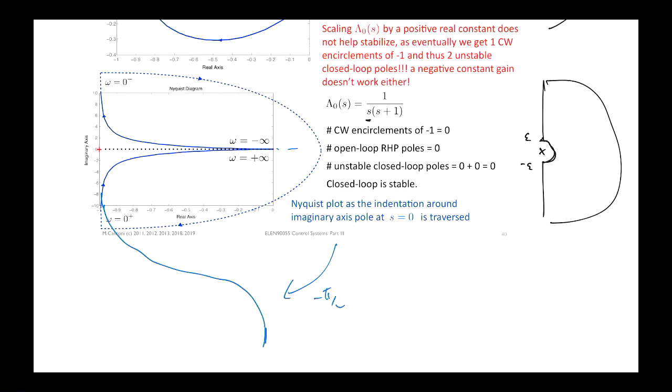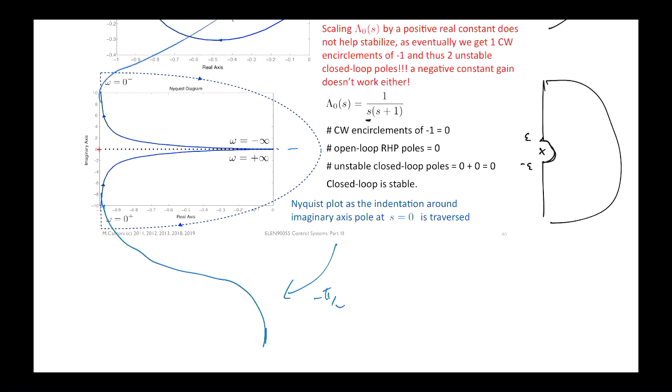Now, as we go around here, we know we're going to get a net change in phase of minus pi radians. You get minus pi radians change of phase for each pole you have inside the indentation. We have 1. If you like, continue drawing this guy up like this.